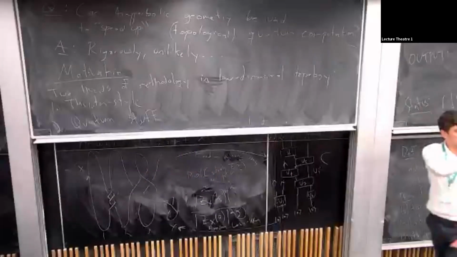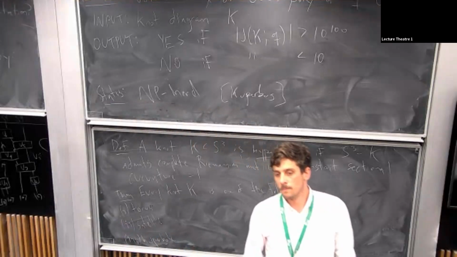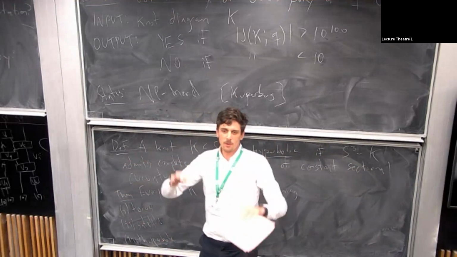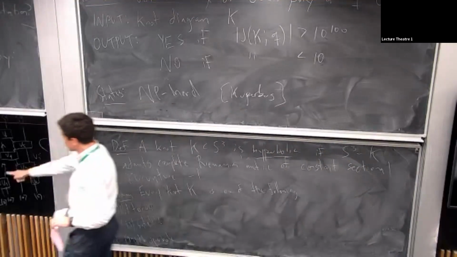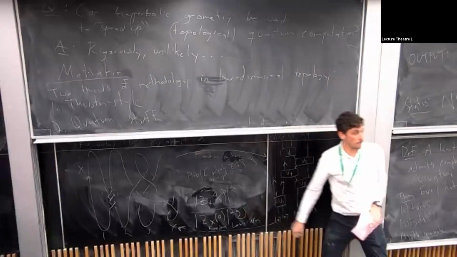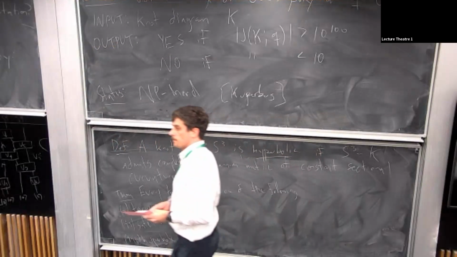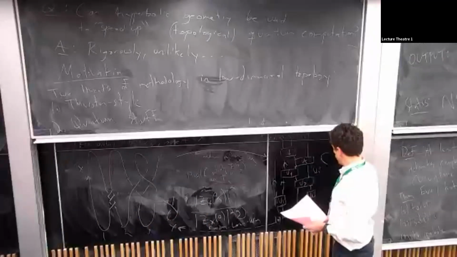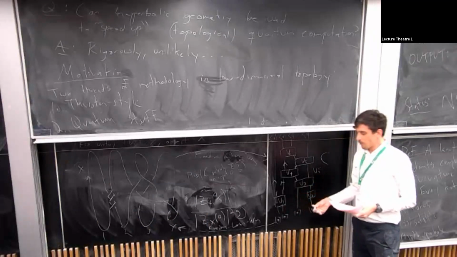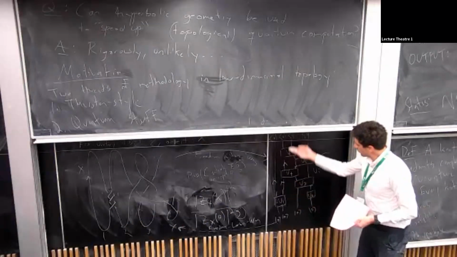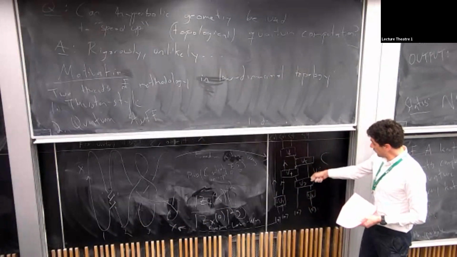Yes. Is it important that it is in the Platt representation? No, not particularly. Any diagram you can quickly put in a Platt representation, but this parameter here will be important. What does output yes mean? Well, a quantum computer is a type of probabilistic computer, right? And in this amplitude, you can interpret it as a probability that this calculation outputs yes.